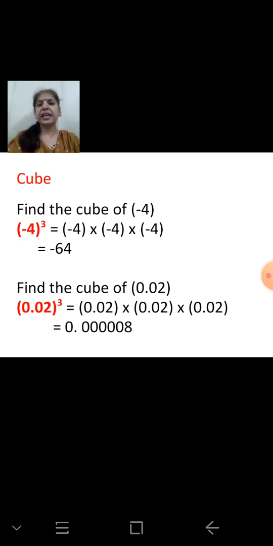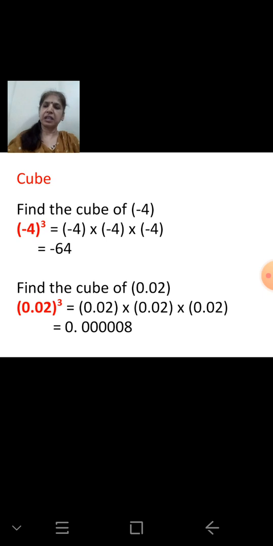And then the negative sign. If a negative sign is multiplied an odd number of times, maybe 1, 3, 5, then it is negative. So always keep in mind, negative sign multiplied an odd number of times remains negative. So the cube of negative 4 is negative 64.